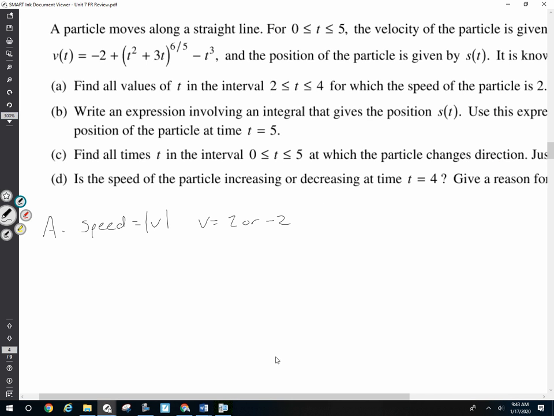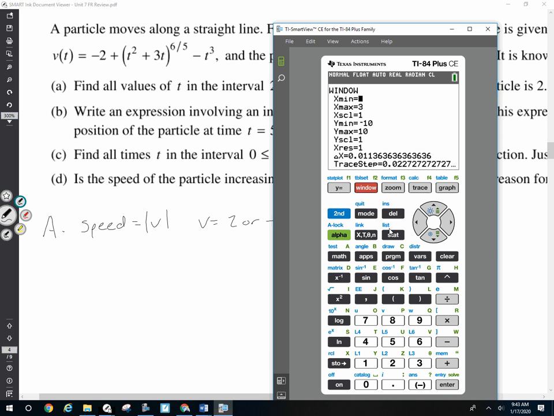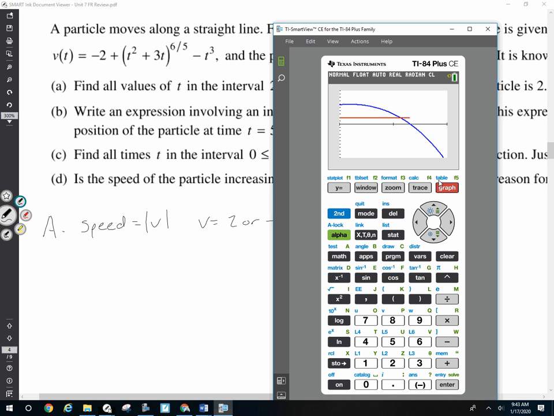This is from 2 to 4, so adjust my window to 2 to 4. There and there. Second calc intersect. Here's when it's equal to 2. And then second calc intersect. My first curve is the blue one, my second curve is the black one. Use up to access the black curve, and you'll get the other intersection, 3.473.